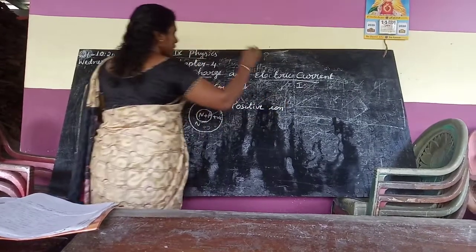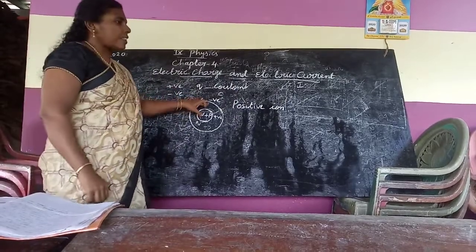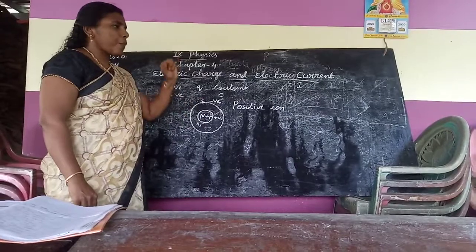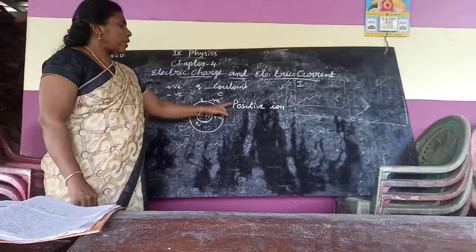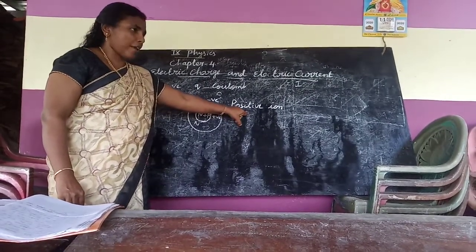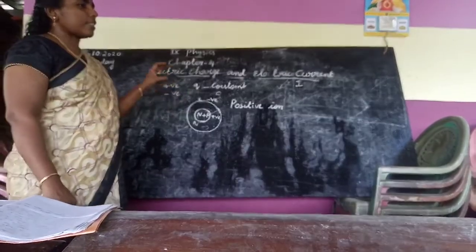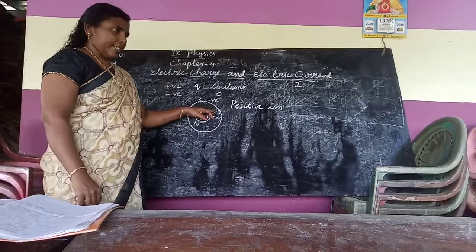Positive ion means, suppose we are removing an electron from the atom. Now the atom has only positive charge, so this atom is called a positive ion. Negative ion means we are adding electrons, an excess of electrons, to the atom.